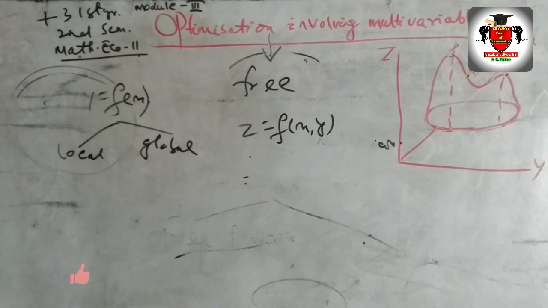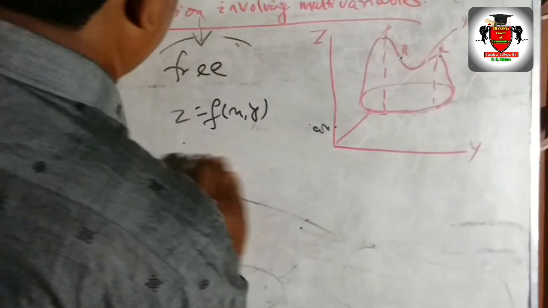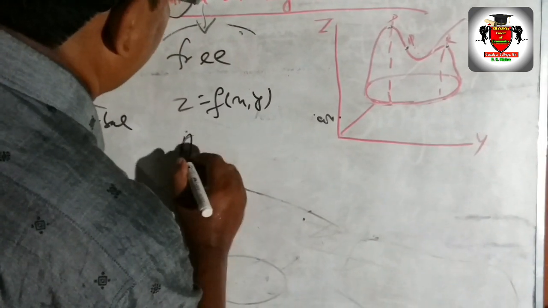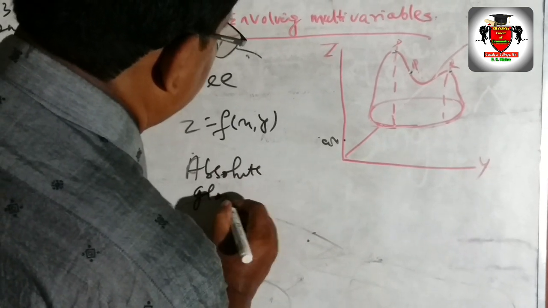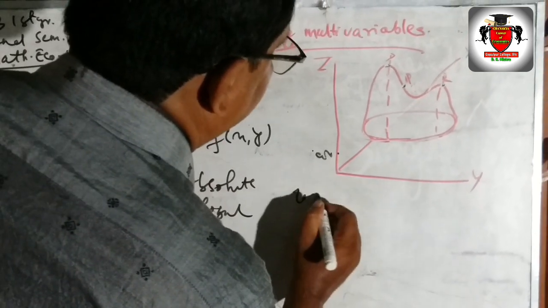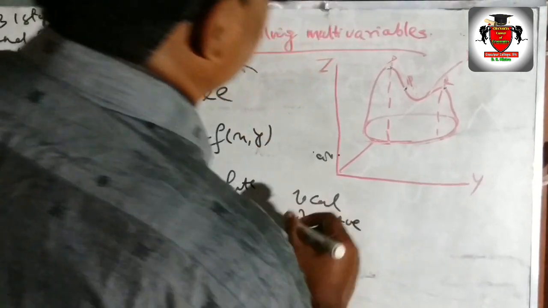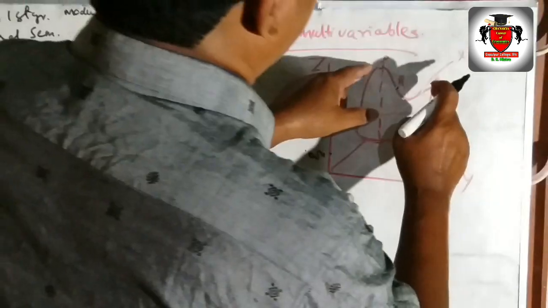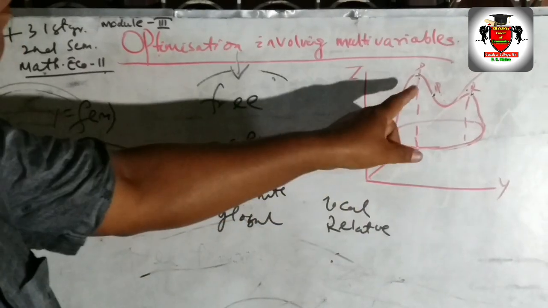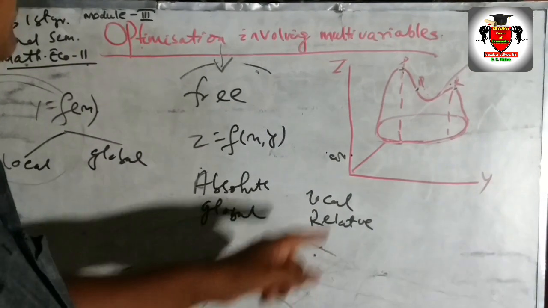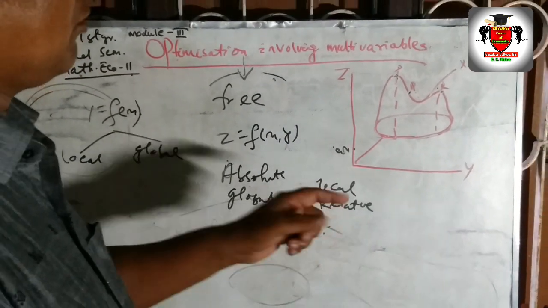So also in this case, we find the absolute optimization or global optimization, and local optimization means relative optimization. P and R are two points that show maximization, but P is our global optimization, while local optimization we are also interested to find out.